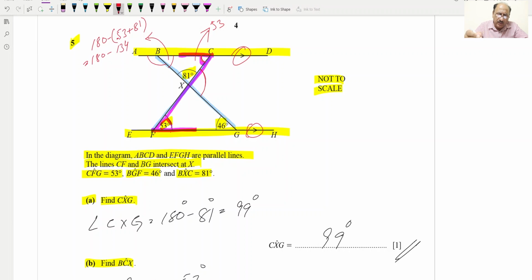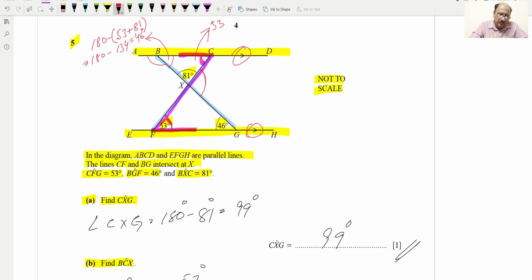So 180 minus 134 will be 46. So 46 degrees will be this angle, which is CBX.